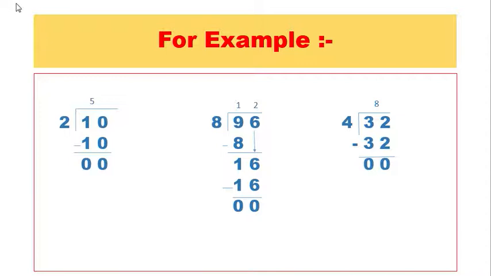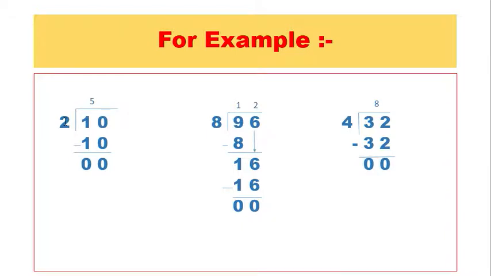For example, 10 divided by 2. Students, can you find 1 in 2's table? No, 1 is less than 2. So we take the other digit, making it 10. Can we find 10 in 2's table?